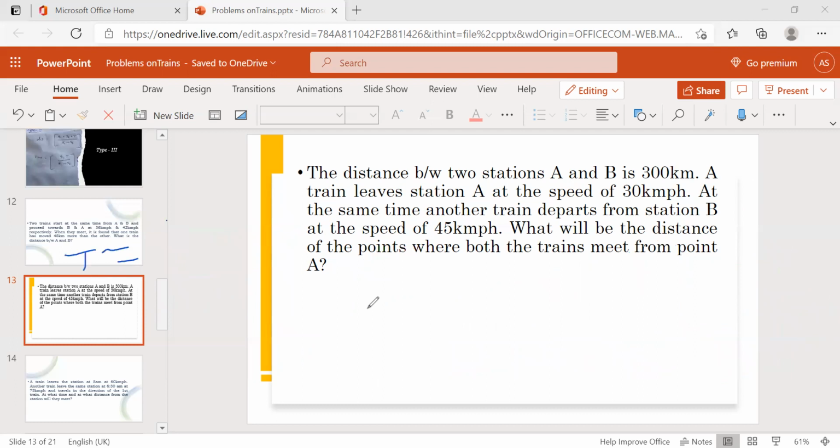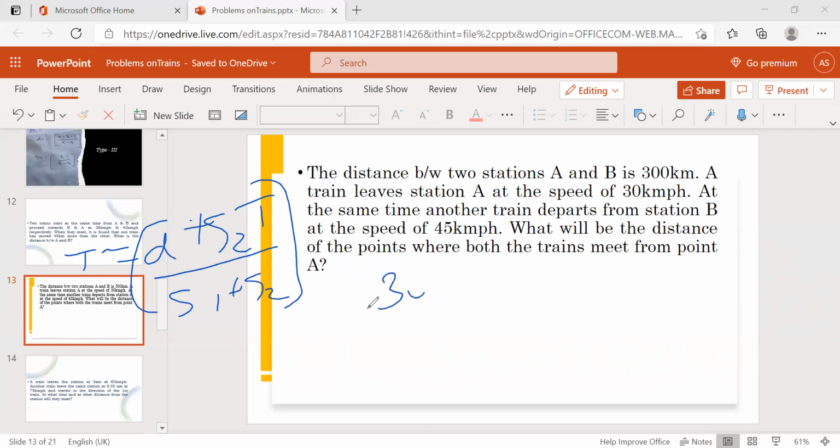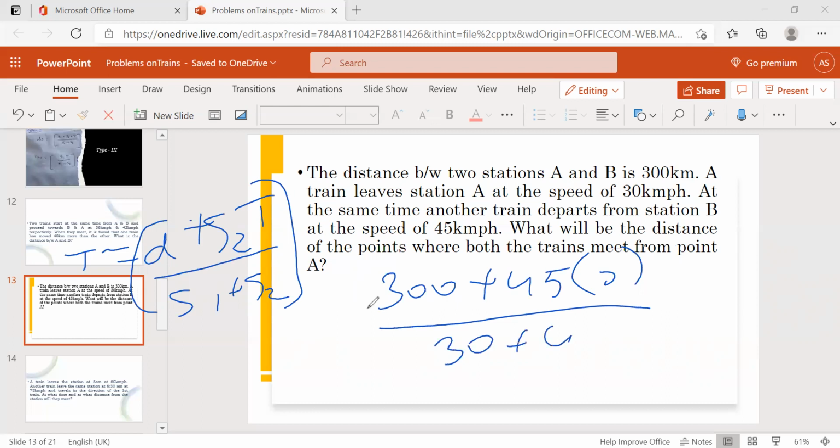T equals distance plus S2 T by S1 plus S2. So here, distance is 300 plus S2 is 45 and time difference will be 0 and S1 is 30 plus 45. Directly you can say 75. 300 by 75 is nothing but 4 hours. After 4 hours, they will meet each other.